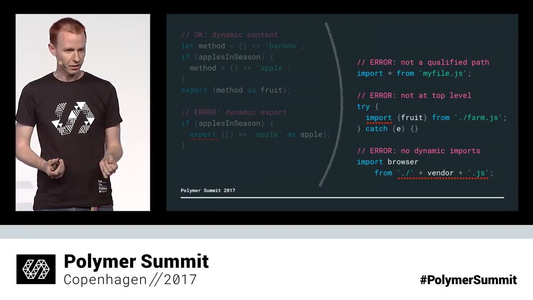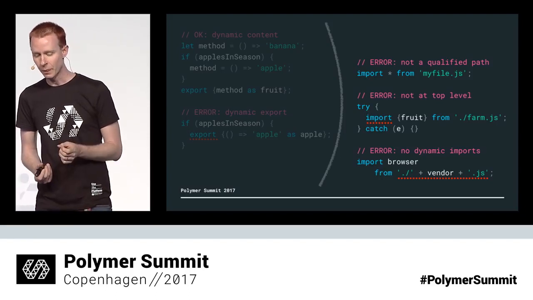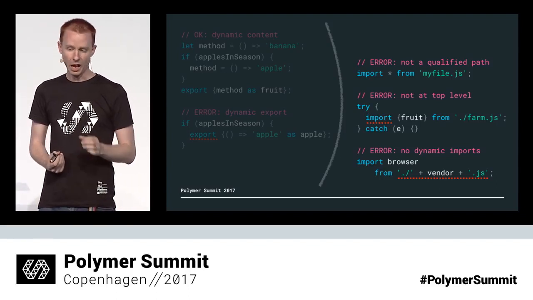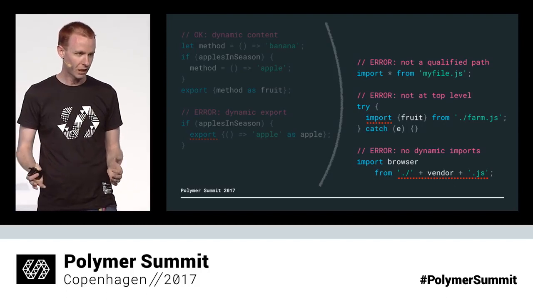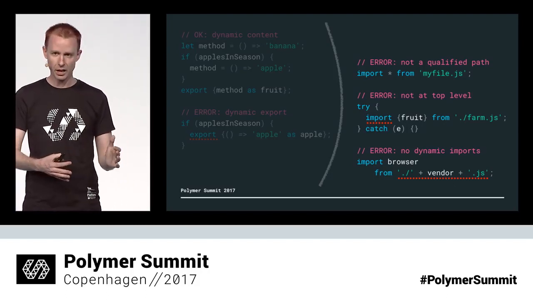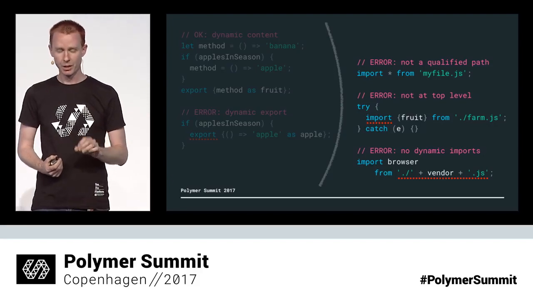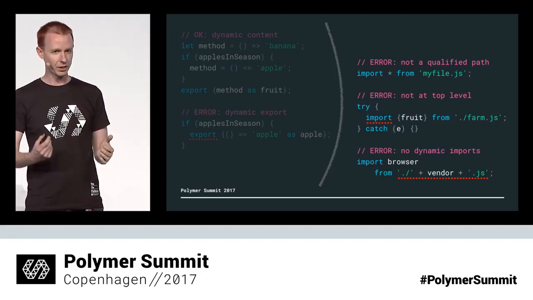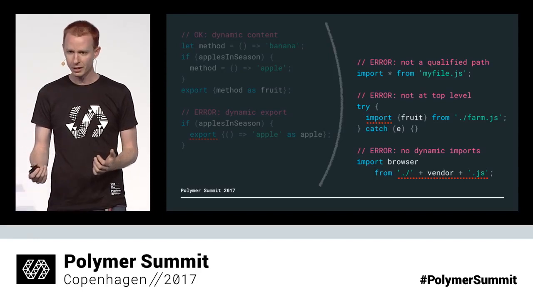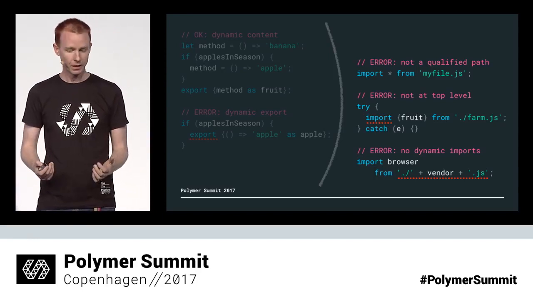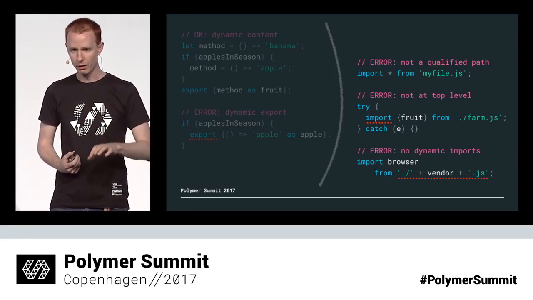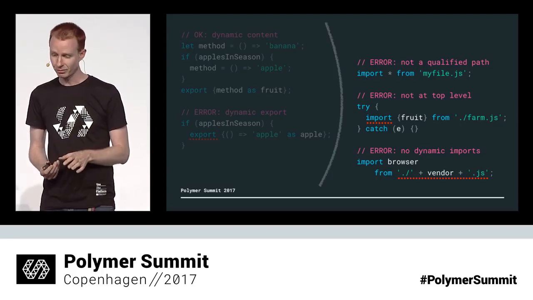And on the import side, there are similar problems. The rules are basically saying that I can't import from an unqualified path. It has to be a relative path with a dot at the start or a full URL. You can't import not at the top level. So even though this try-catch block isn't actually a control structure, it doesn't optionally run, this is an error because it's not appearing at the very top level of a file.